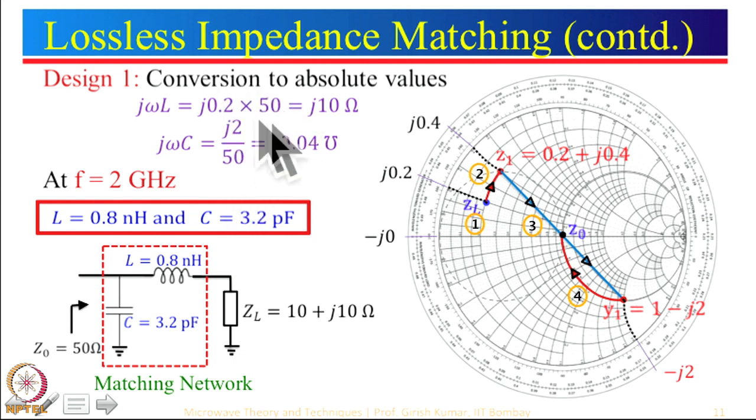Remember, in impedance we multiply with 50, and in y we divide by 50, and this 50 is only because our z0 was 50. If our z0 was 100, then these would have been 100. So from here this value is 0.04. Over here the unit is ohm, here the unit is mho.